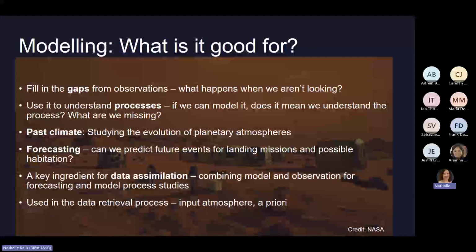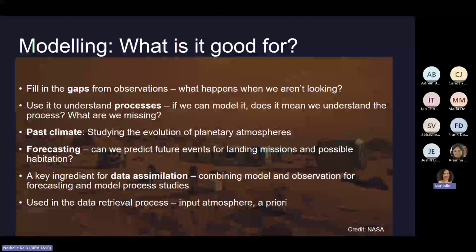You can use models for past climate, of course, studying the evolution of planetary atmospheres. And then in the other direction, we can use modeling for forecasting. And we've heard about data assimilation already, and using the model combined with observations to not just forecast, but also to, again, enhance our understanding of processes and how we represent them in the model, and what we see in the atmosphere versus how we numerically represent it.